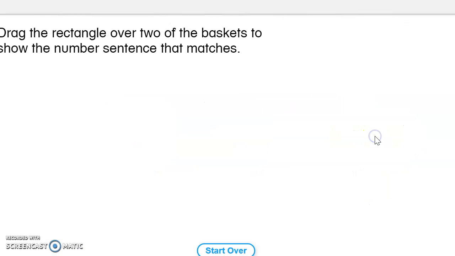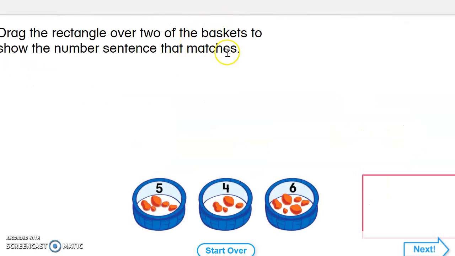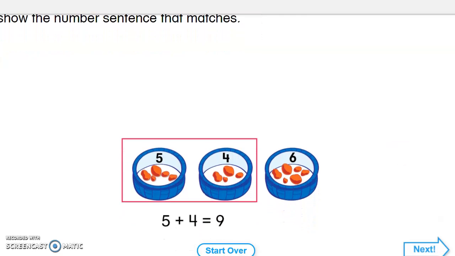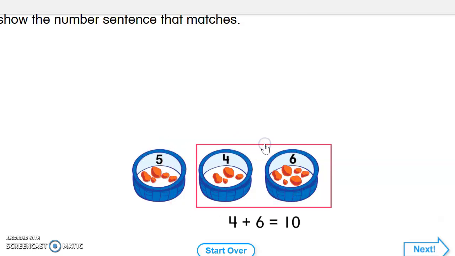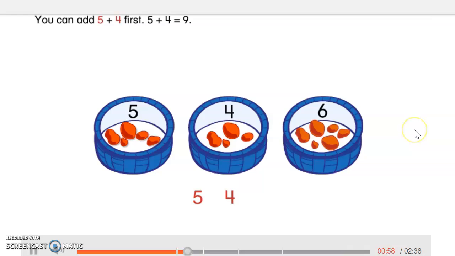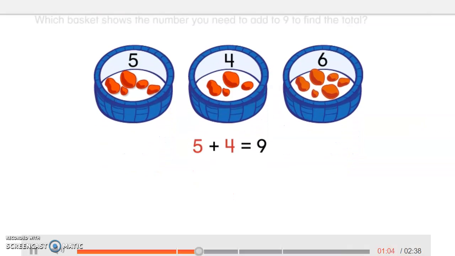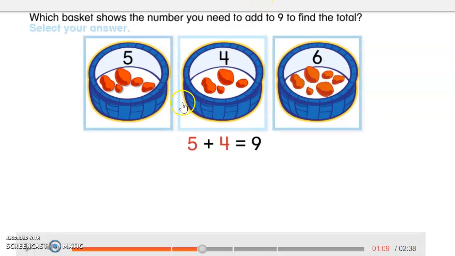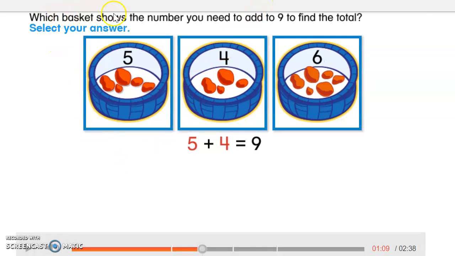All right, so let's try it. So the question is, which basket shows the number you need to add to 9 to find the total?